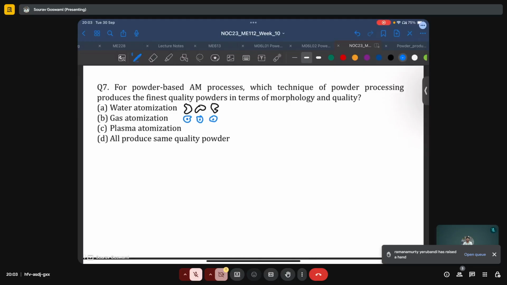Or the state of the art process, which is plasma atomization, where the powders have almost perfect sphericity and regular shape and also do not suffer from gas porosity. And so the finest quality powders in terms of morphology and quality are produced by plasma atomization.